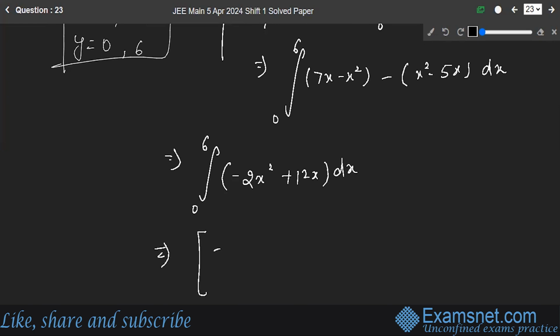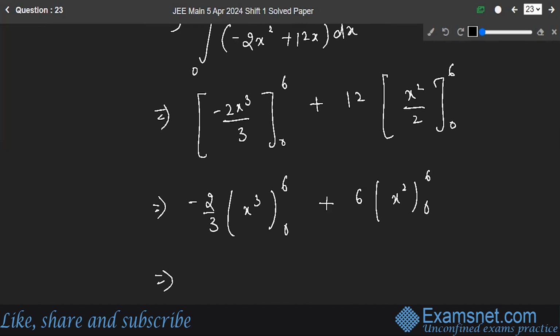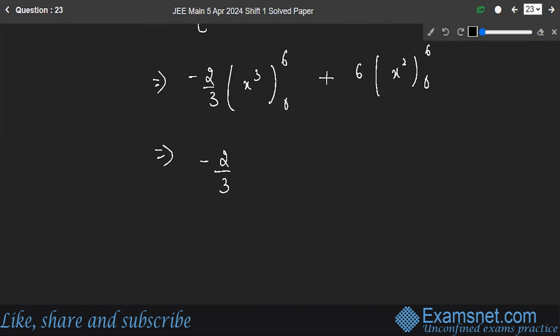So this is minus 2x cubed upon 3, 0 to 6, plus 12 outside, x squared upon 2, 0 to 6. I'm taking minus 2 by 3 outside x cubed. This simple thing now, 6x squared. So you have minus 2 by 3 into 6 cubed, and plus 6 into 6 square.